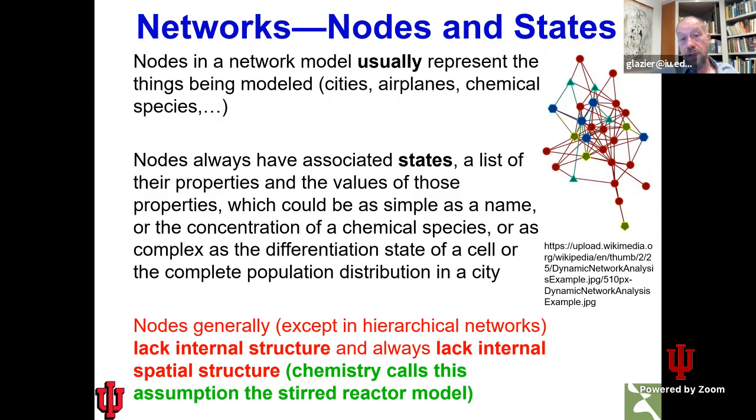Or they could be something very complicated. If the network consists of the cells in your body, the state of the cell might consist of a list of every chemical in the cell and the spatial relationships of every chemical in the cell. So there's huge variability in terms of the level of sophistication, level of detail of a given network model. However, the concept of nodes and states is still critical.